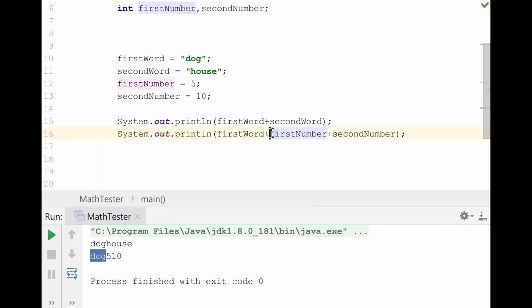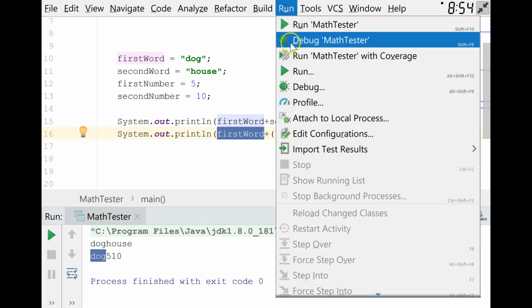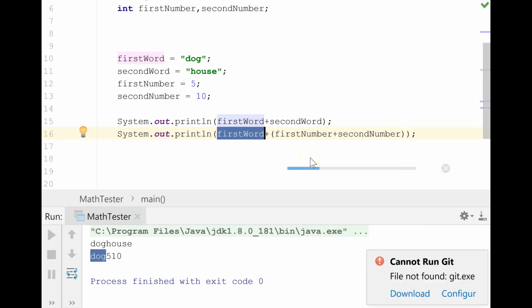If I want to add them together, then I'm going to have to put them inside of parentheses, just like what we would do in any normal math problem if we want the order of operations to matter. So if I want these to be added first before being put to this, then I can run that. So let's go ahead and see it again. So now it should say dog and 15.